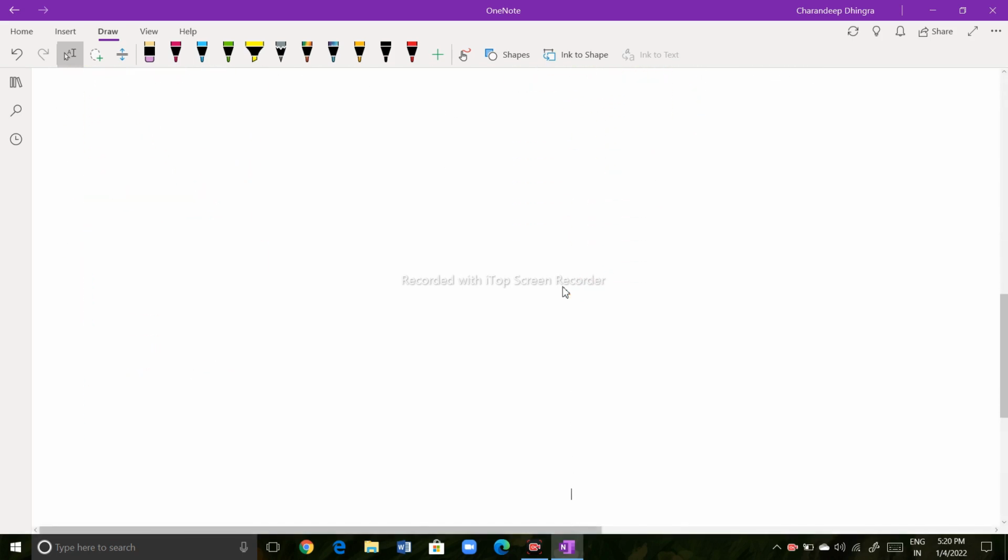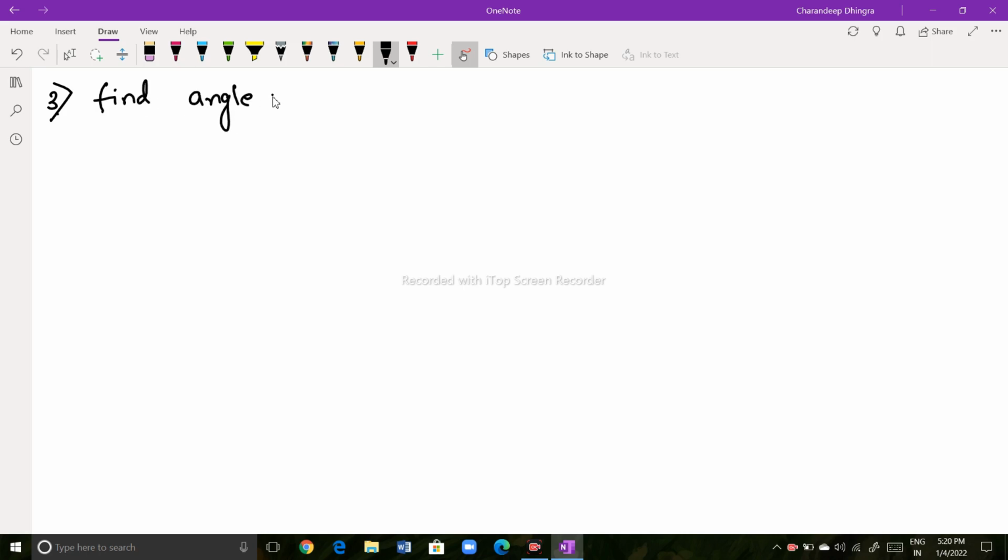Let's try one more. Let's say the question is, find angle A if 3 cot square (x minus 5) degrees is equal to 1.